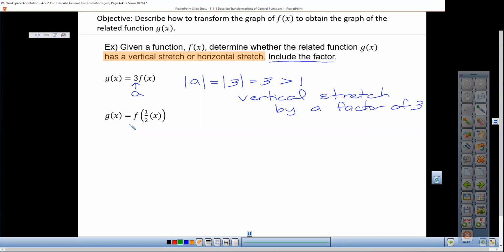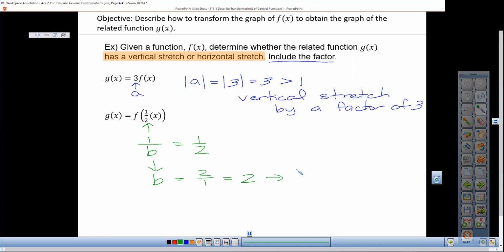Looking at this second example, f of 1/2 of x, notice the position of the 1/2 inside the parentheses and times the x portion. That makes it, by definition, 1 over b. So 1 over b is 1/2. Don't use that number. With this one, we have an extra step where we have to do the reciprocal. So 1 over b becomes b over 1, which is b, and 1 over 2 becomes 2 over 1, which is 2.